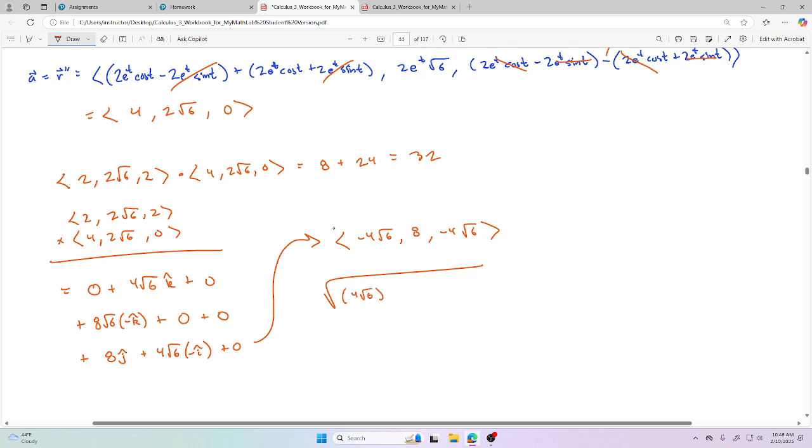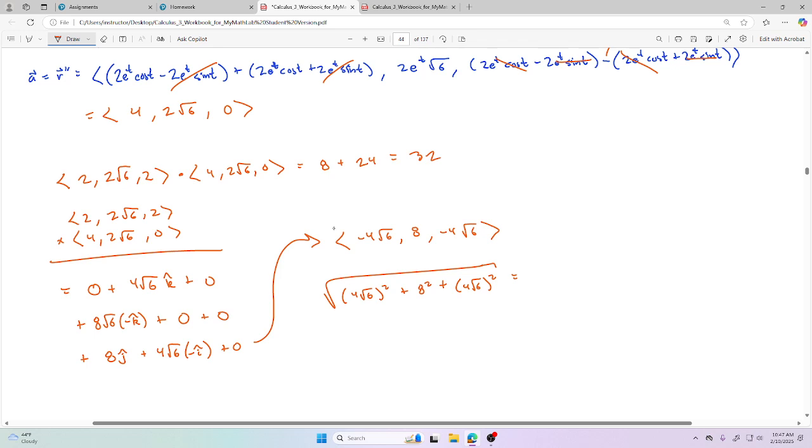Oh, you know, there's 2 of those guys. I'm going to write it up anyways, since I don't want to squish it. Yeah, it's going to be a lot.